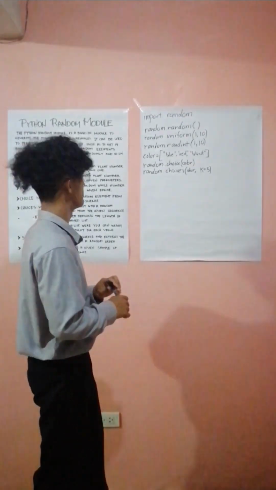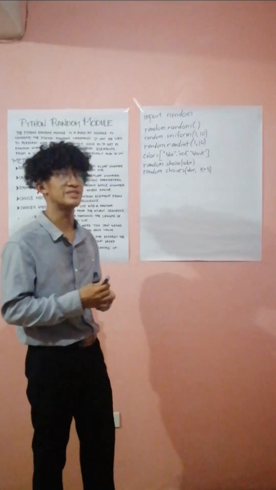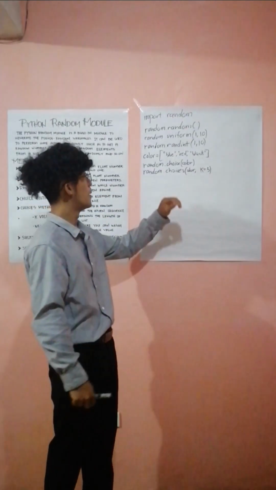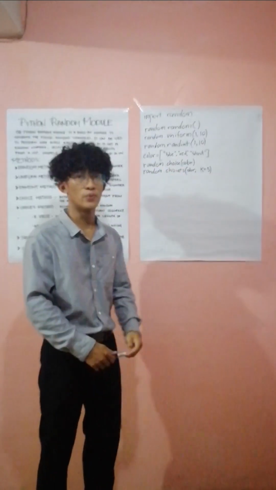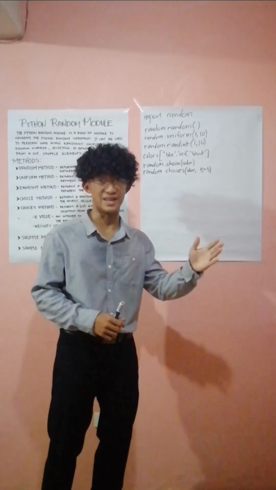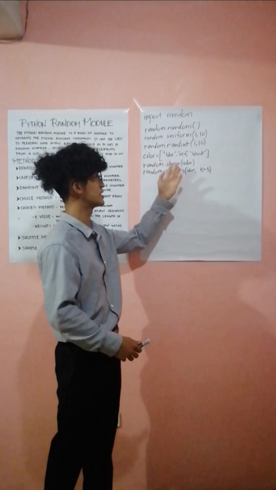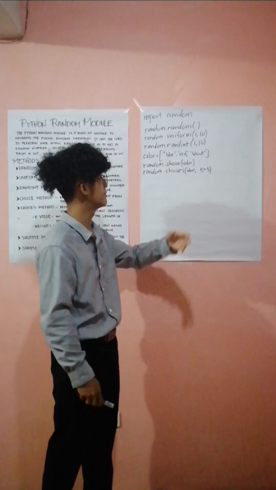For example, in a game where there is a choice of blue, red, and black, where it is not equally divided. For example, blue is 40%, red is 40%, and black is just 20%.